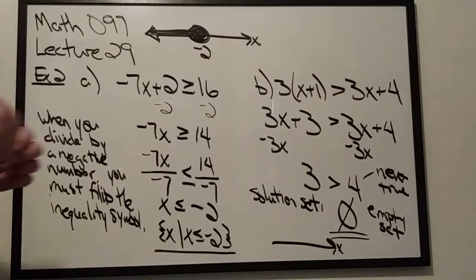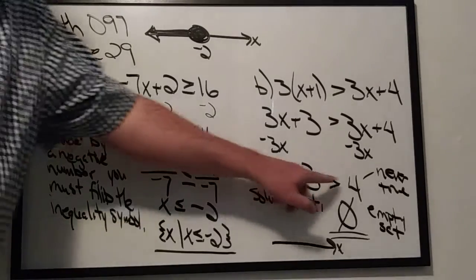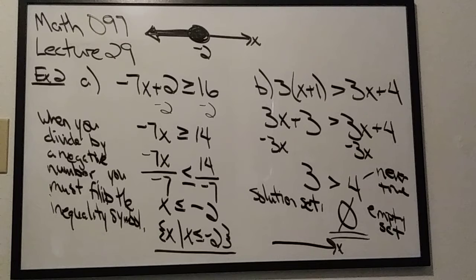So if you look at the number line on your piece of paper, it's an empty number line. It's still going to be an empty number line when we're done with this because this is the empty set. There's nothing that you draw on that number line because no x value actually makes this inequality true. So one more time, you can't stop at 3 is greater than 4. You have to interpret what that inequality is telling you. And again, in this case, that means that we have the answer, which is the empty set.